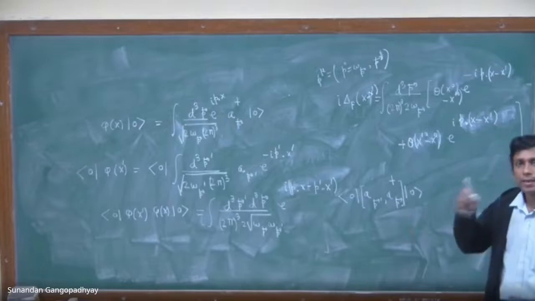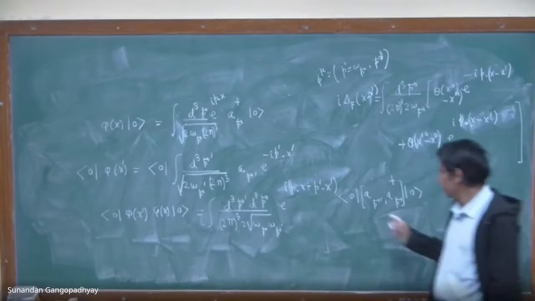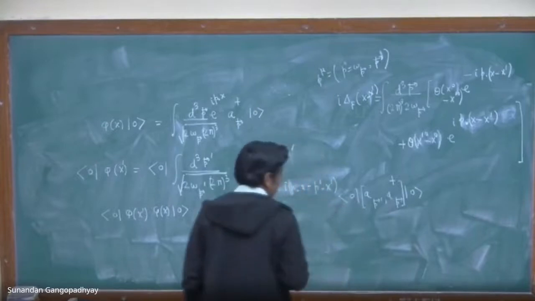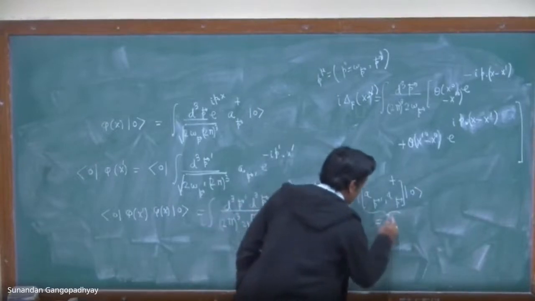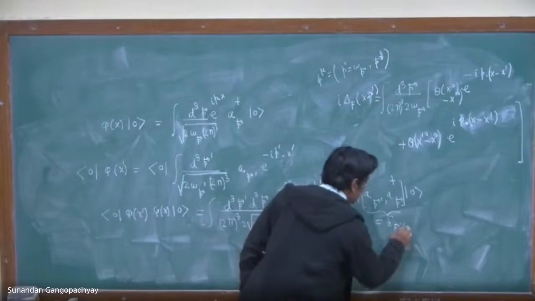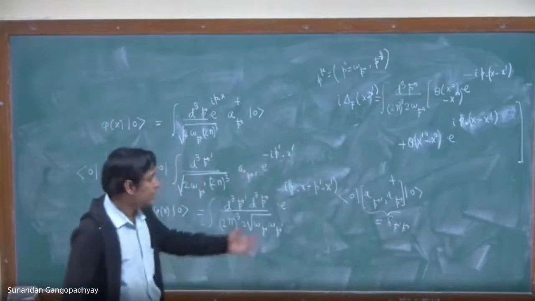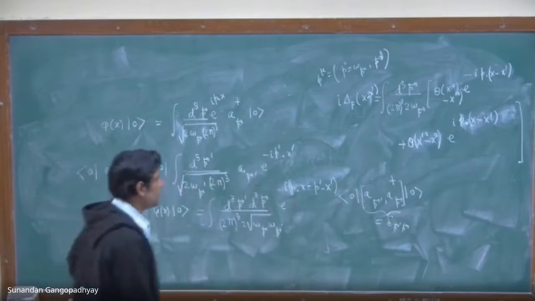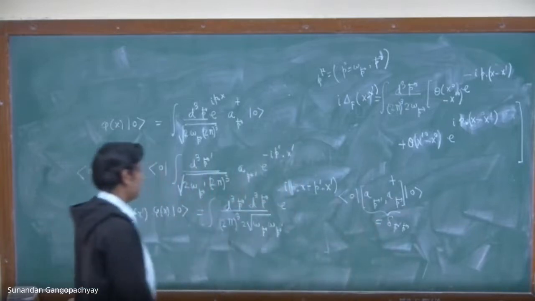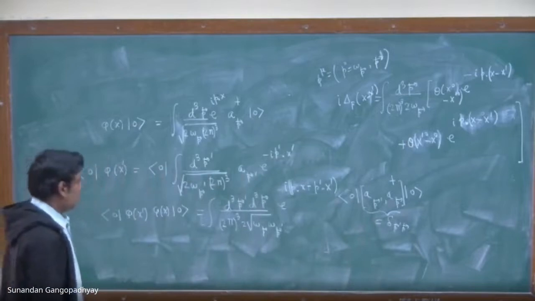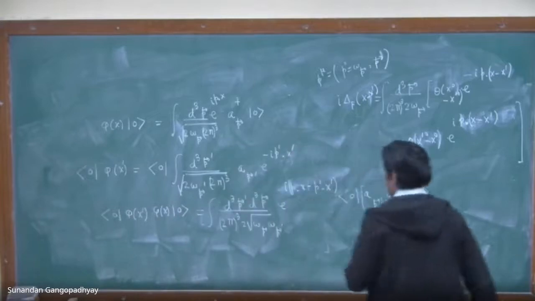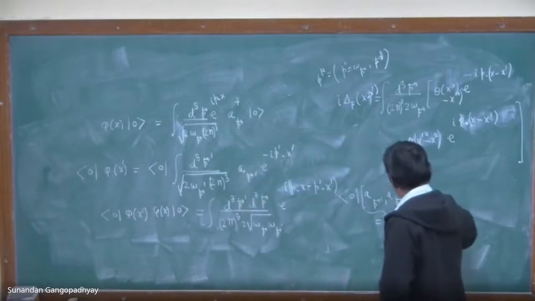In this case, I should be a little bit careful. You will get a Dirac delta of p minus p prime, because we are dealing with the continuous case. In the discrete case, it will be a Kronecker delta. In the continuous case, this will be delta of p minus p prime. And in the continuum case, sometimes people use this notation also, instead of a suffix, you just put it as a function, an alternative notation.